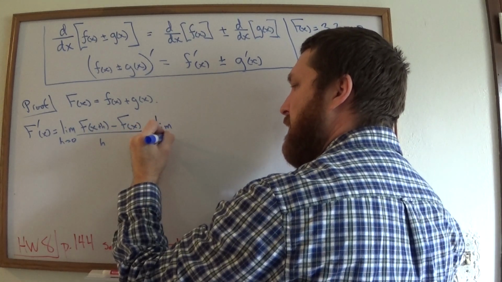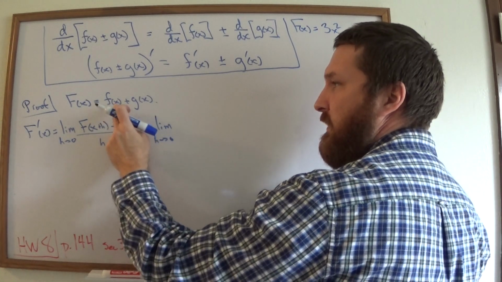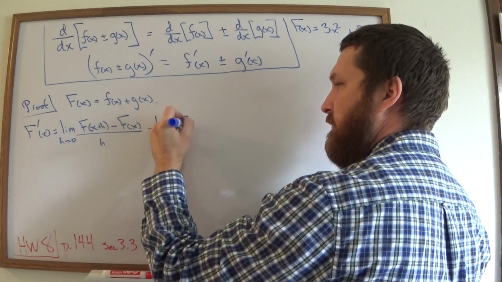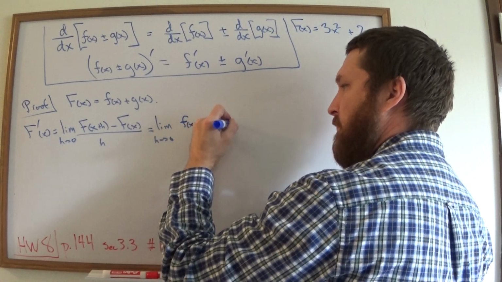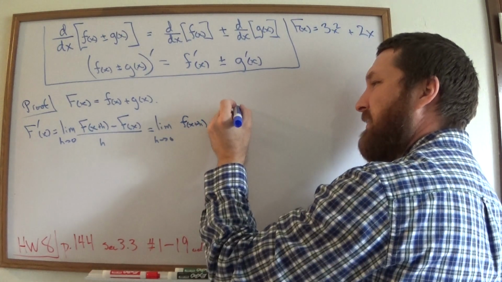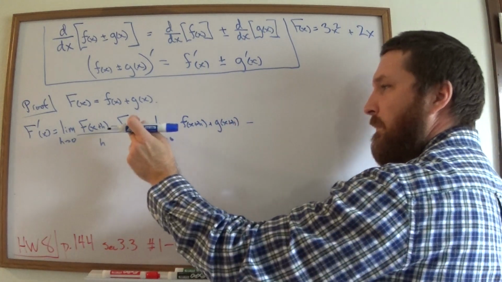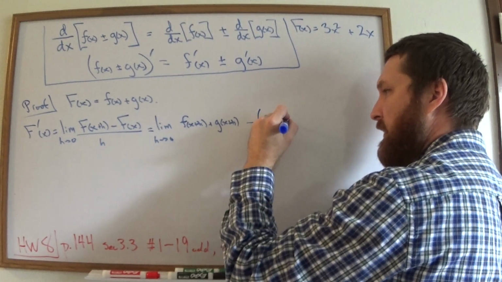That's the same thing as, well, big F of x plus h would be f of x plus h plus g of x plus h, right? We could think about that in parentheses. Minus big F of x, well, that's right there, so I'm going to use some parentheses here, because we have a minus.